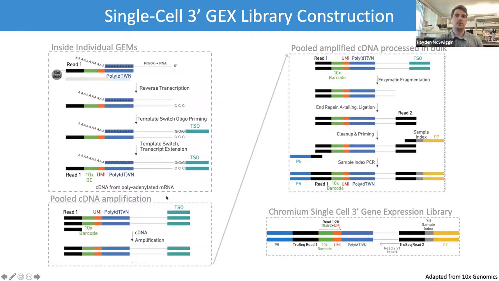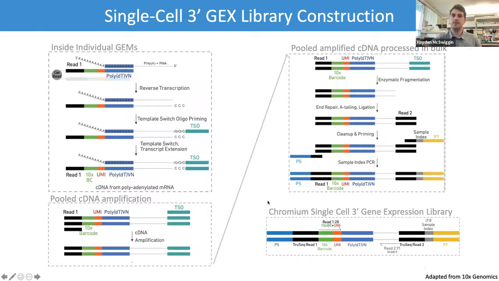And then skipping a couple parts here, you'll amplify the cDNA to produce enough product for sequencing, pretty much. And then through a couple more reactions here on the right, you'll add a few more sequences that are important for sequencing your library construct.